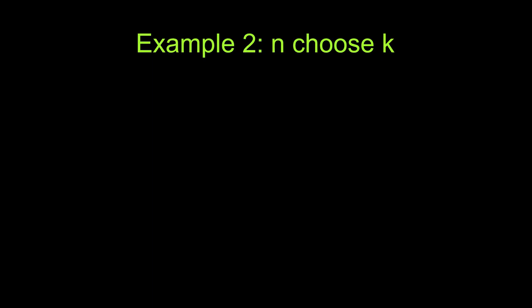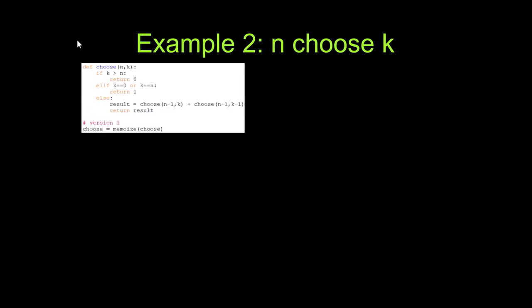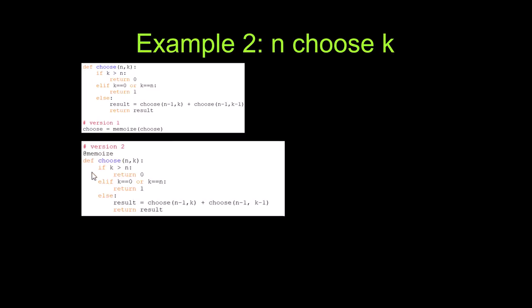Now here is another example, our example 2 on n choose k. For the first presentation, this is the choose original function. We just simply have to write choose to override this to be the memoir of choose, passing choose as a function into the memoir wrapper. For the second version, we keep the original code also, but we just need to use the decorator syntax ampersand memoir to pass it into memoir.